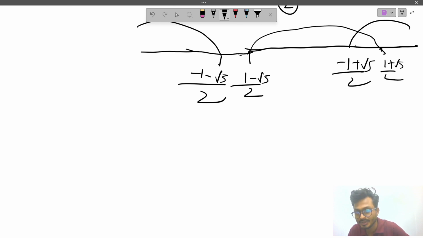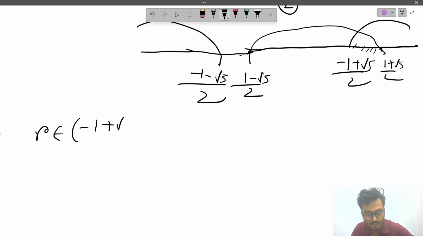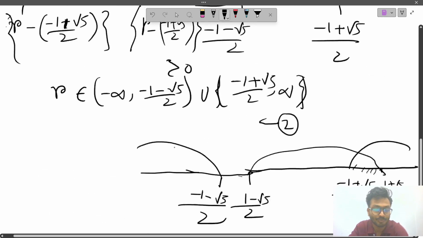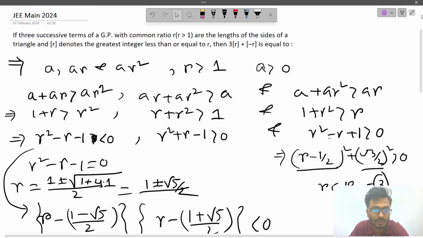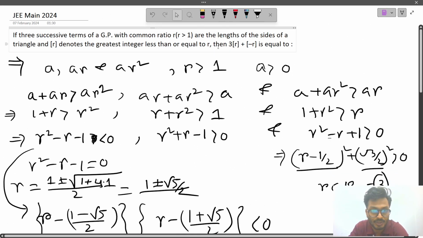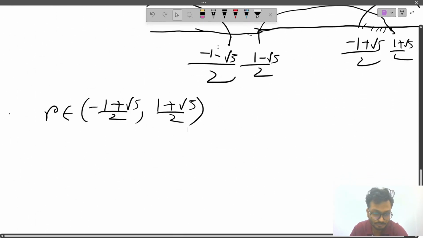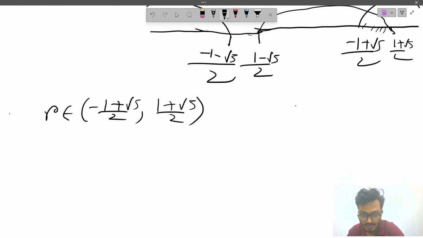So what is the intersection part? The intersection part will be this part. That means r belongs to ((-1 + √5)/2, (1 + √5)/2). Now if we look at the question, r is also greater than 1.